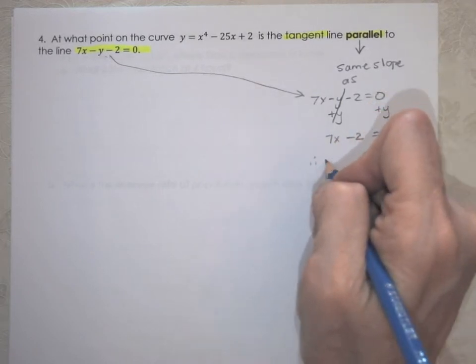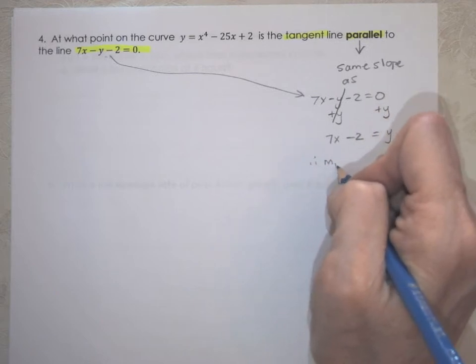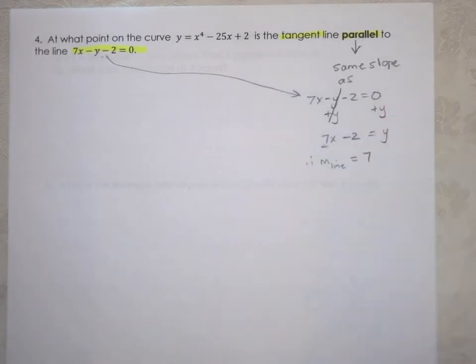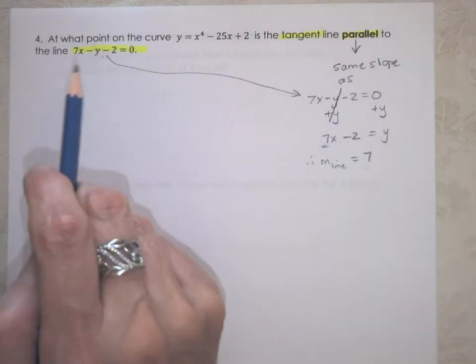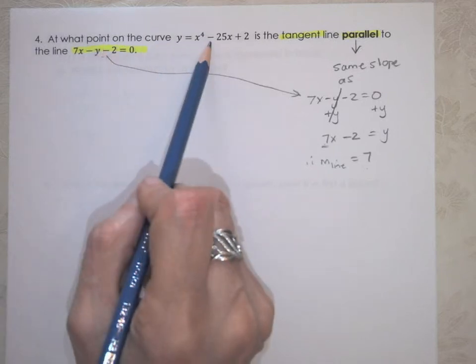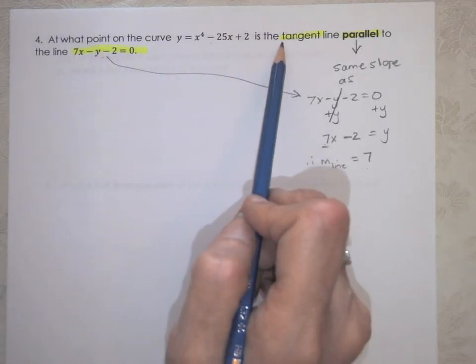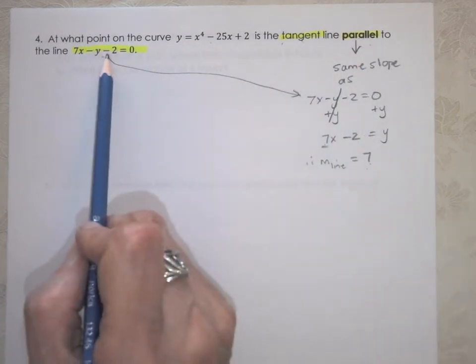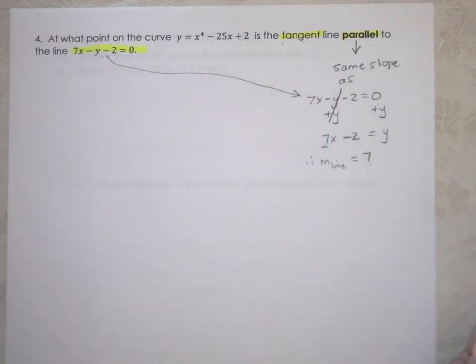So therefore, the slope of this line here is 7, okay? So we just put it into the form y equals mx plus b, and we know the slope of this line is 7. So then we can reframe the question: at what point on this curve is the slope of the tangent equal to 7? Because at that point, it's going to be parallel to this line. It's going to have the same slope.